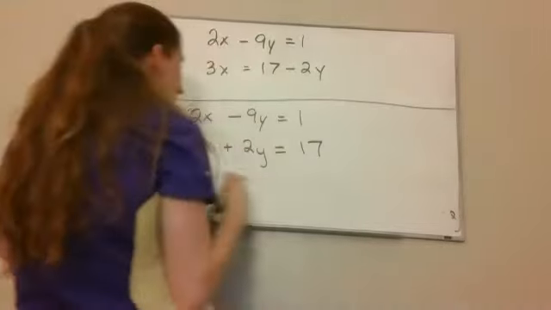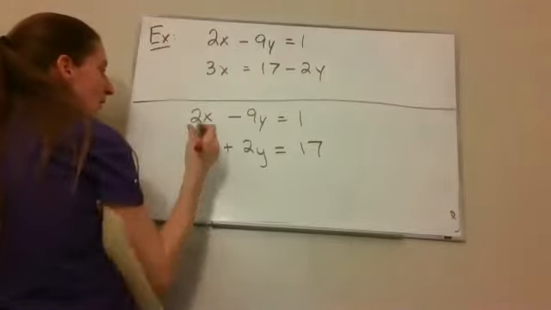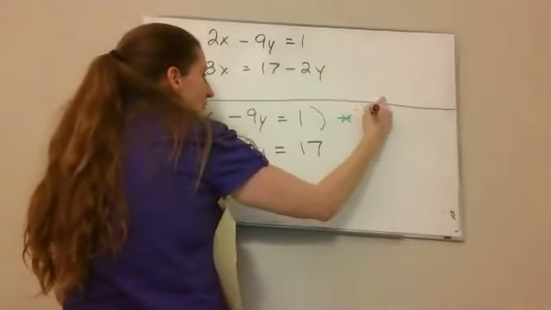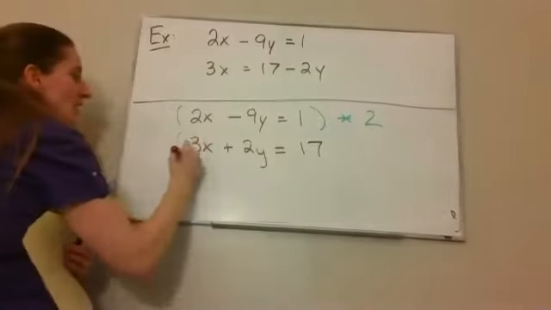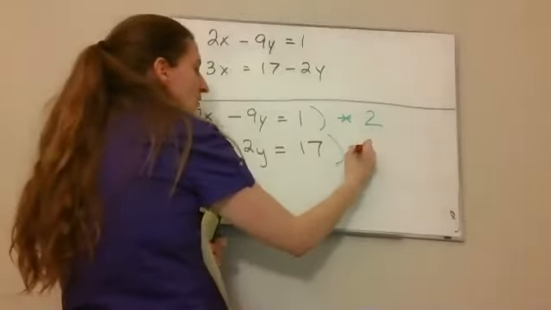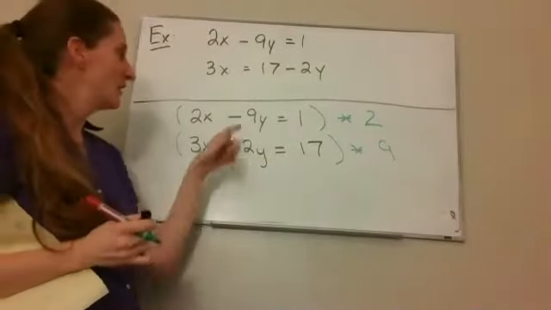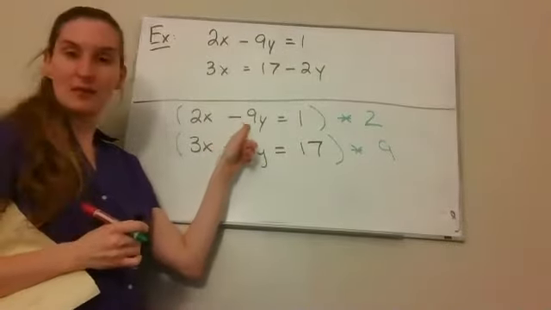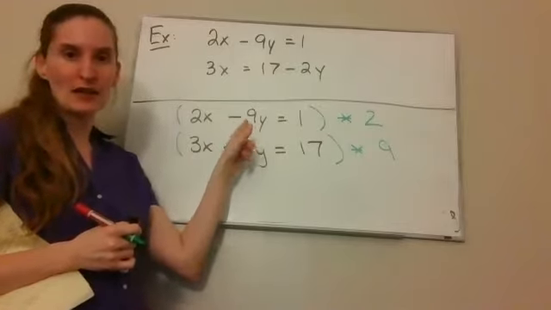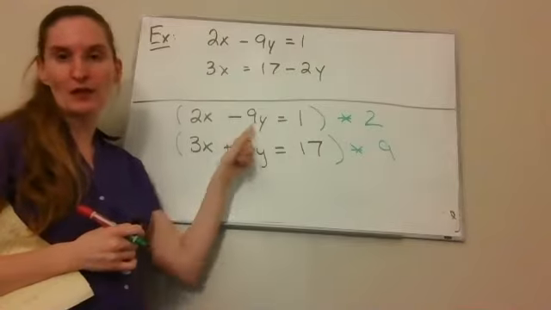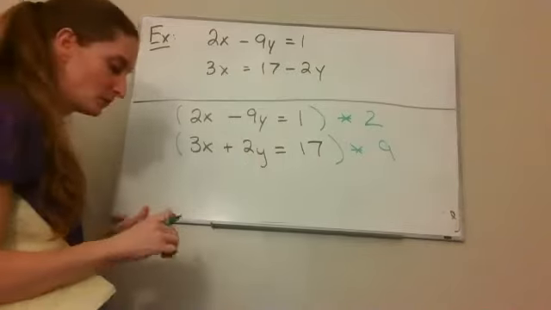But I personally would multiply my top equation by 2 and the bottom equation by 9. When I do this, this negative 9y will become negative 18y, and this 2y will become positive 18y. So they'll be opposites of each other.